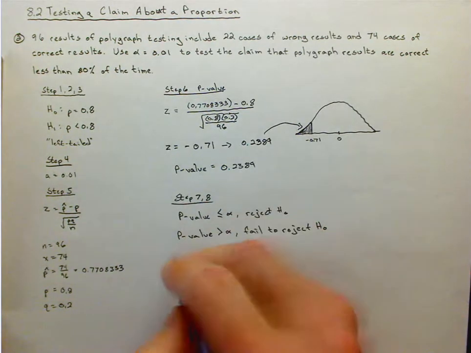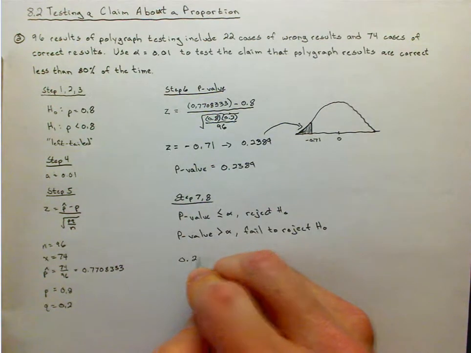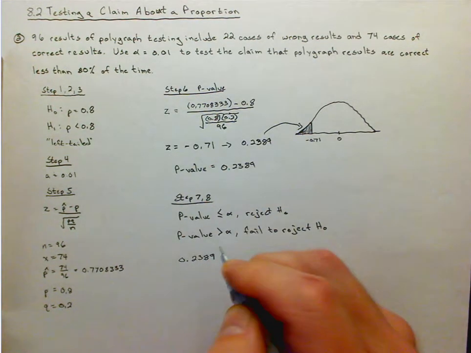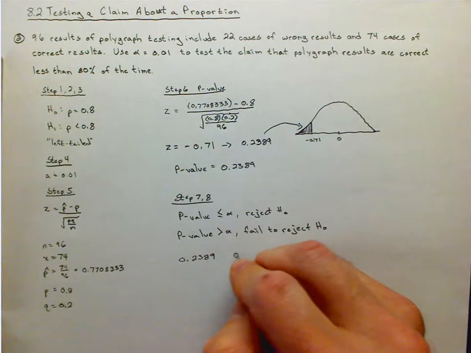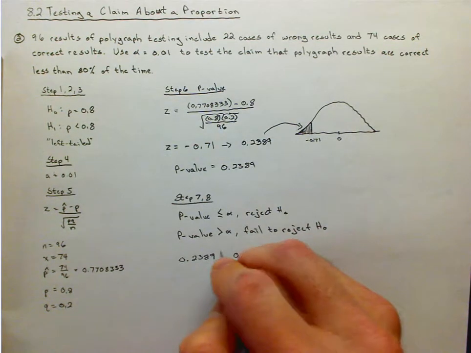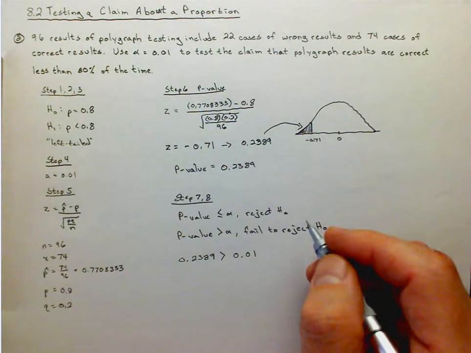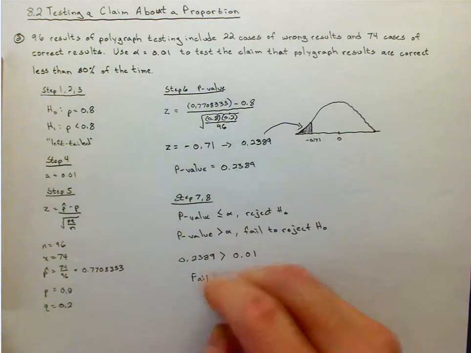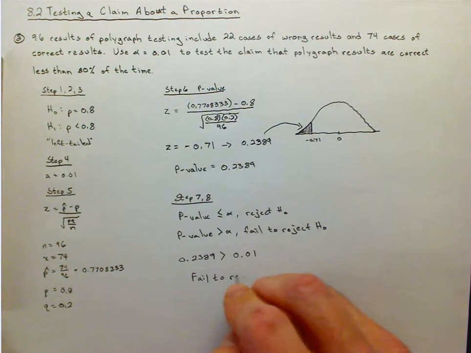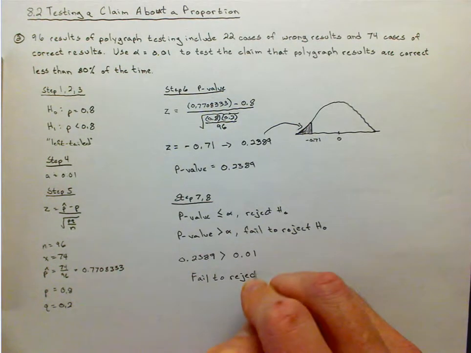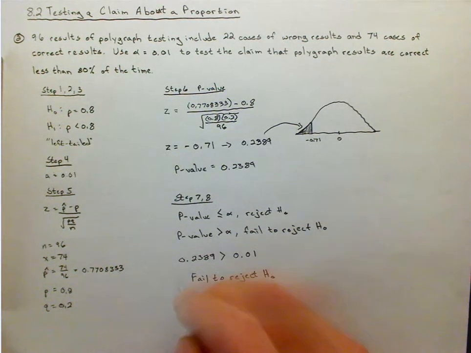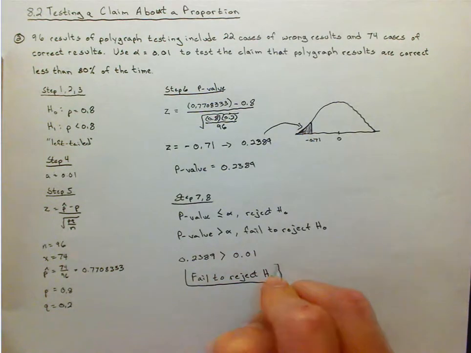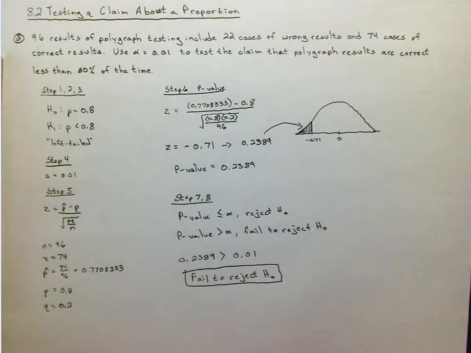So I write out my p-value, 0.2389, and then I write out my significance level, 0.01. Well, this is greater. So what do I do? I fail to reject the null hypothesis.